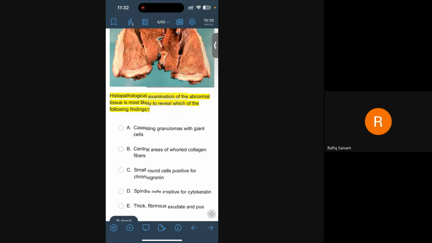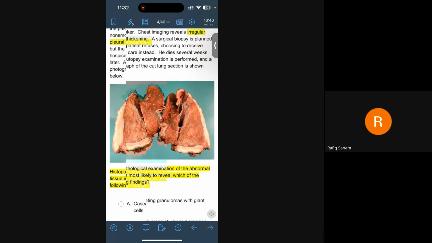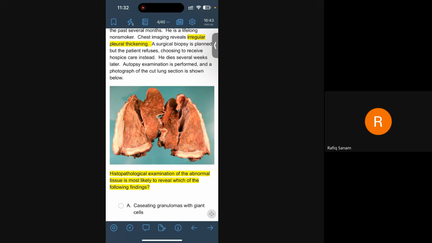Can you tell me the name of the disease which affects the pleura? In the gross section, you can see there is pleural thickening. Asbestosis. Asbestosis can lead to what? Mesothelioma.